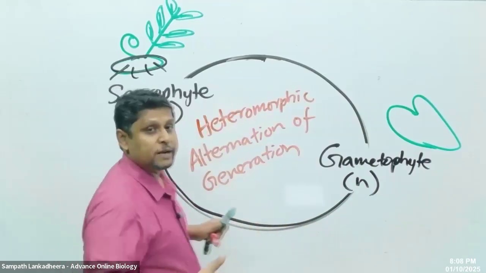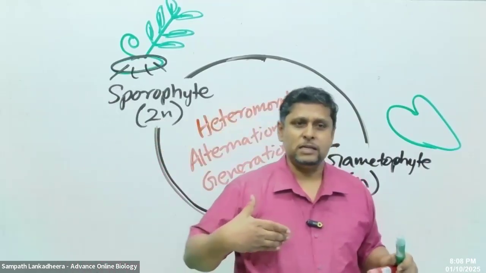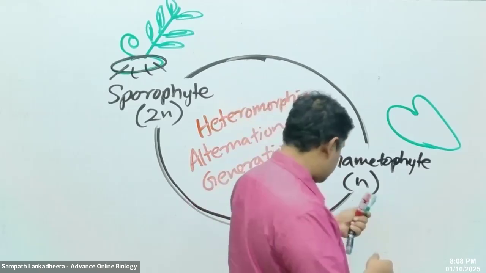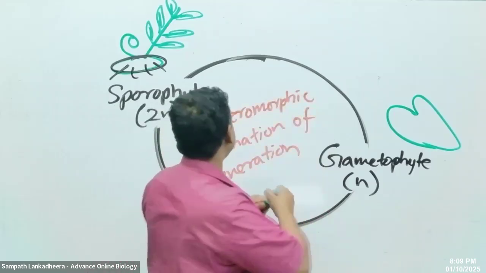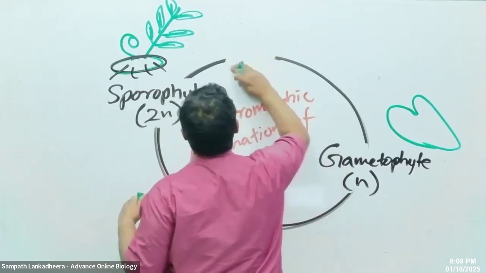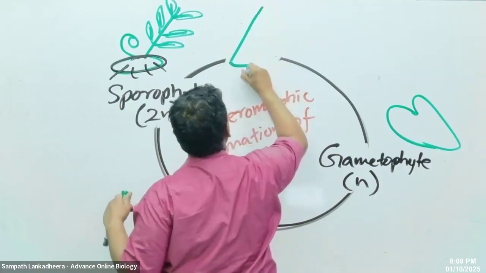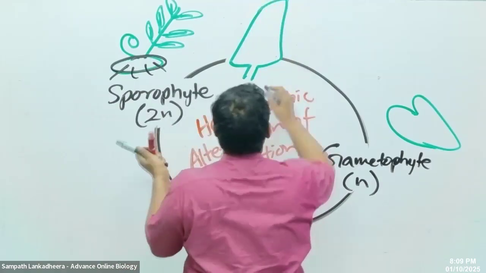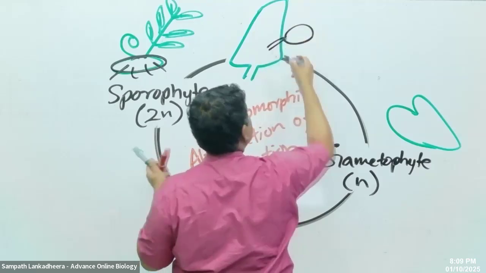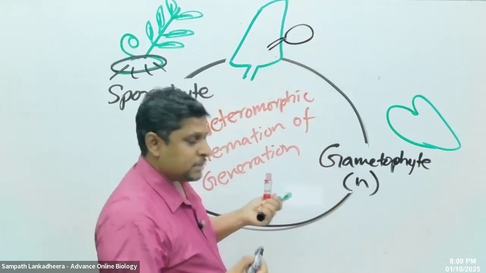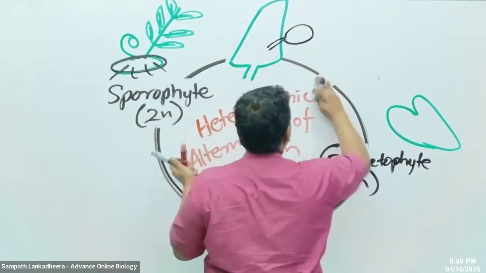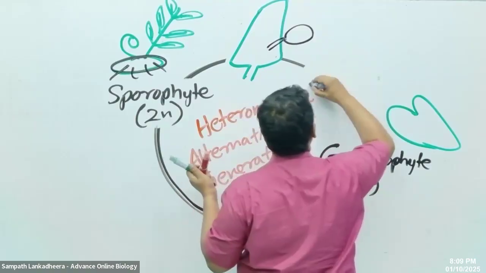So this is alternation of generation. Now, people, some stages are there. The sporophyte has leaves. This one is one of the leaves. On the leaf, we can see sporangia.